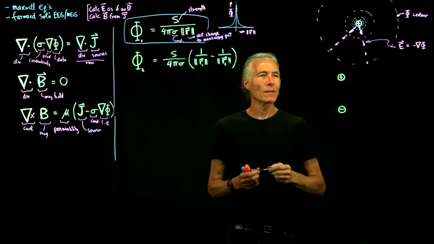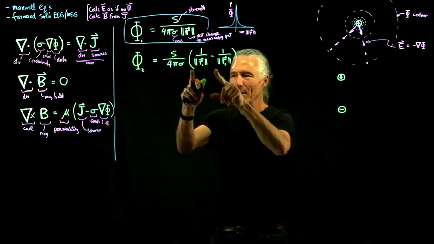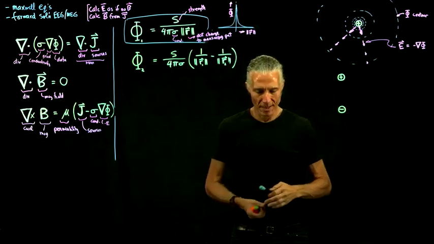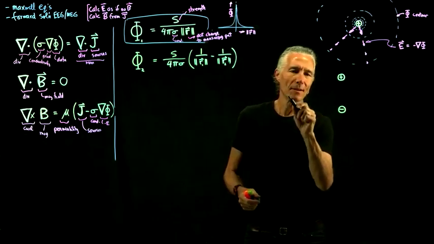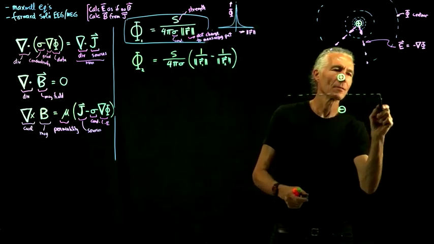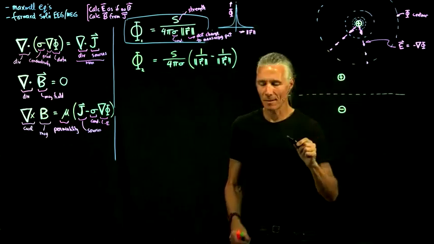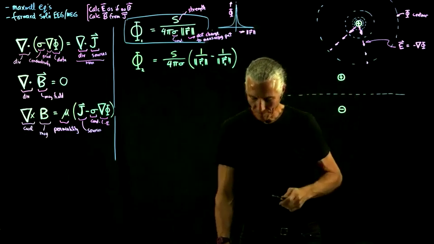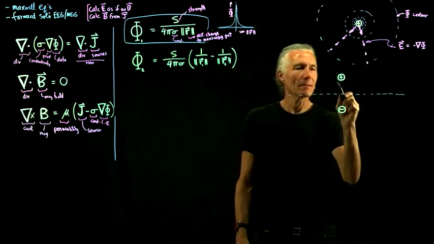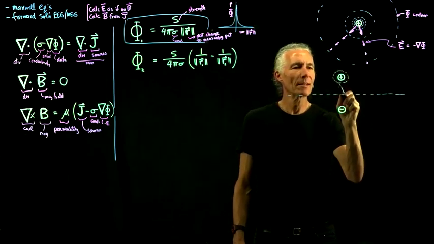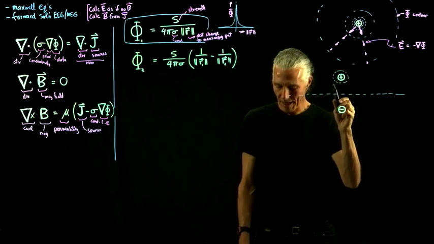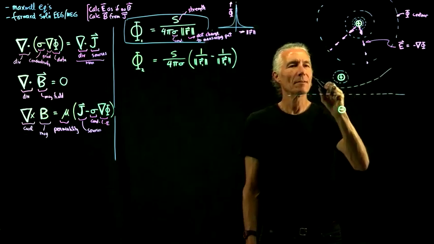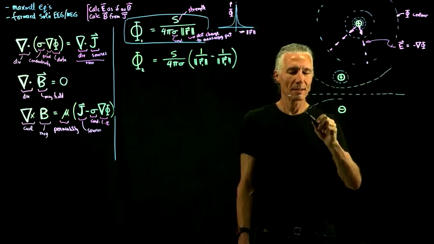If we run this simple equation and look at the contour lines, right here would be 0 potential between them, because they're the same distance from both. Then we would have the same contour lines here, but now it's getting a little more complicated in the middle. So the contour lines are kind of running out like this.